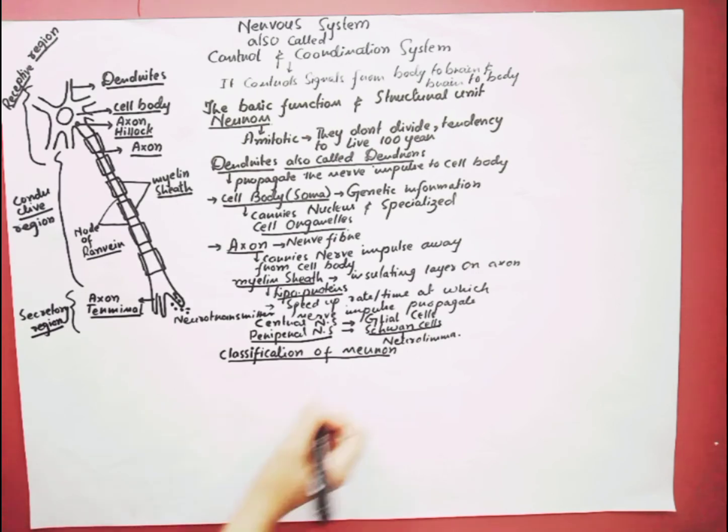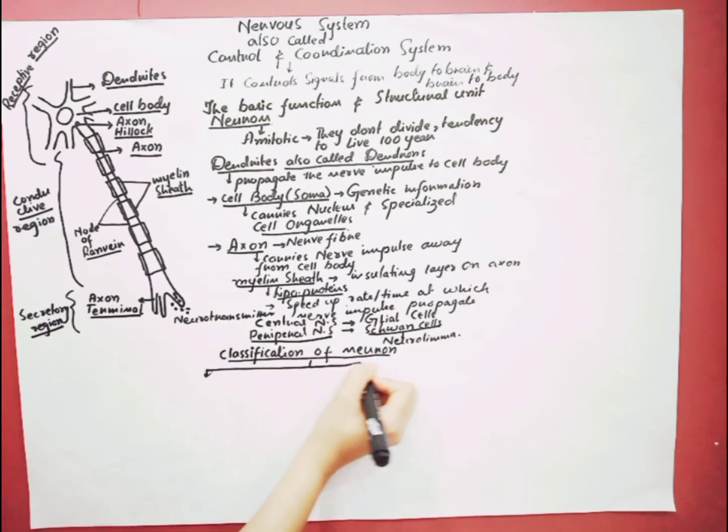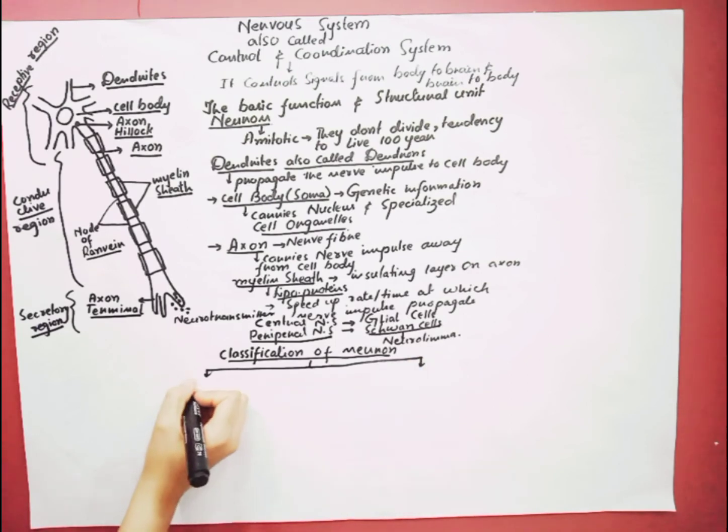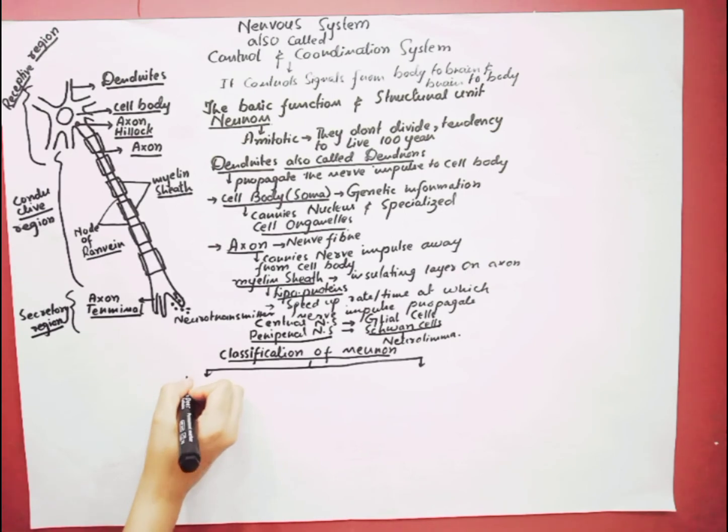Let's come to the classification of neuron. We may classify neuron into two, according to structure or according to function.